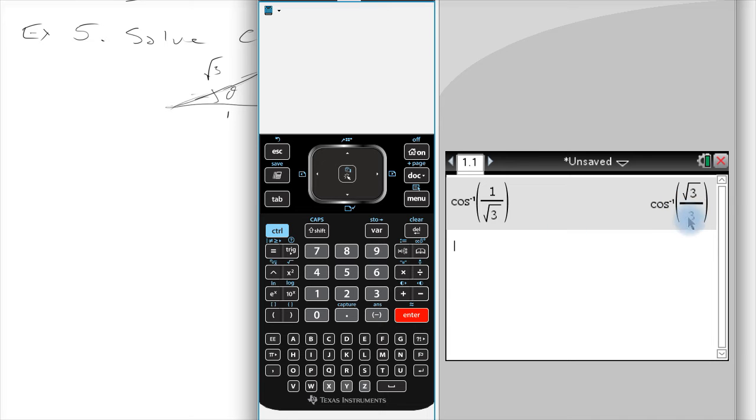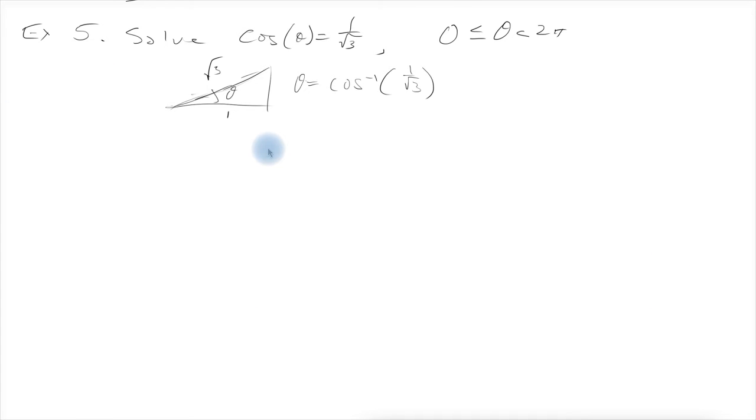Okay, let's get an approximate answer perhaps. There we go, 0.955. So our approximate answer was 0.955 and so on and so forth, with more decimal points after that. So we've got our angle for one of these.